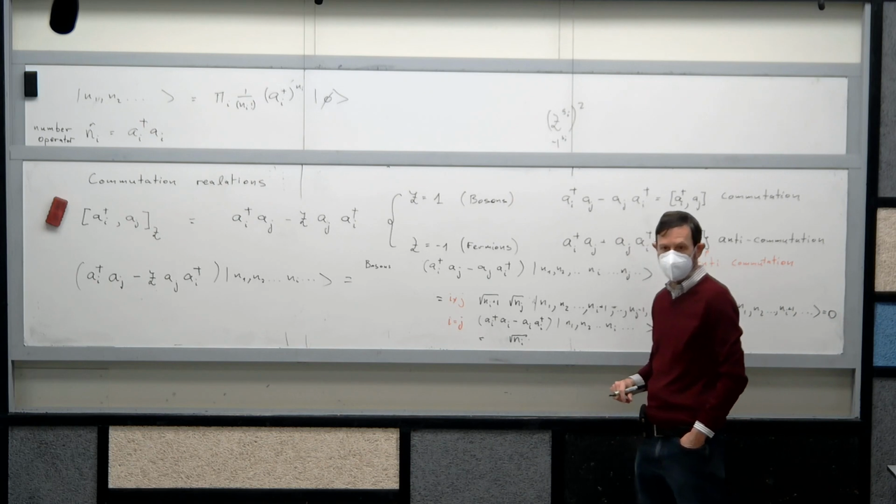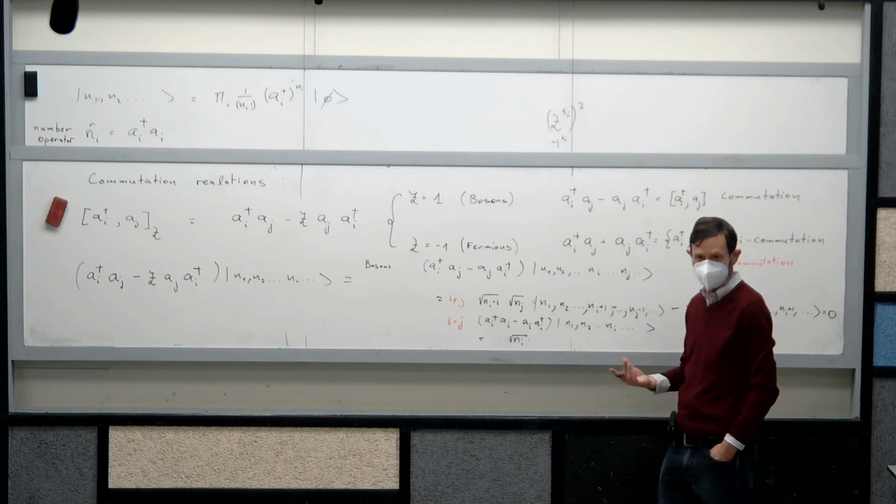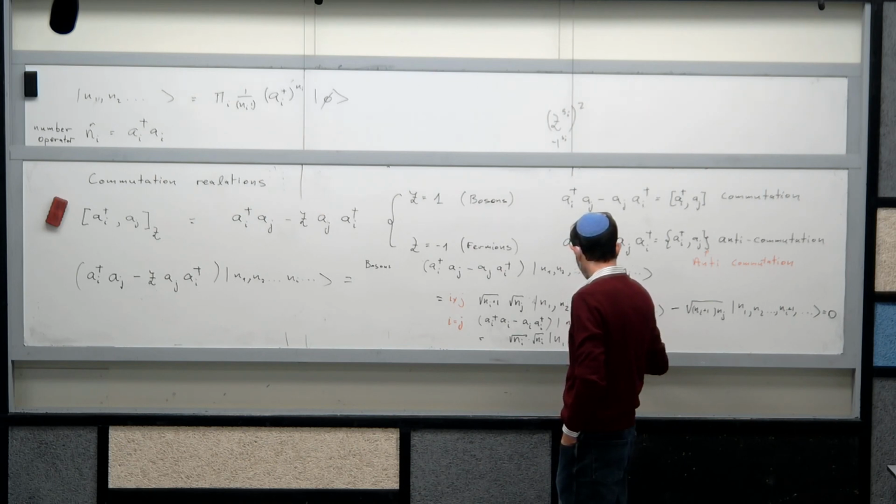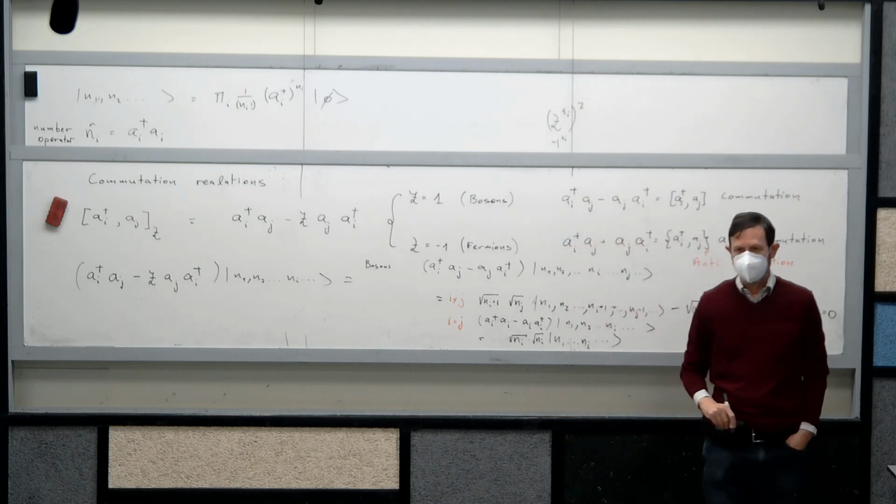And then creating it again, so I get another term of square root of Ni, and I get Ni. Okay?